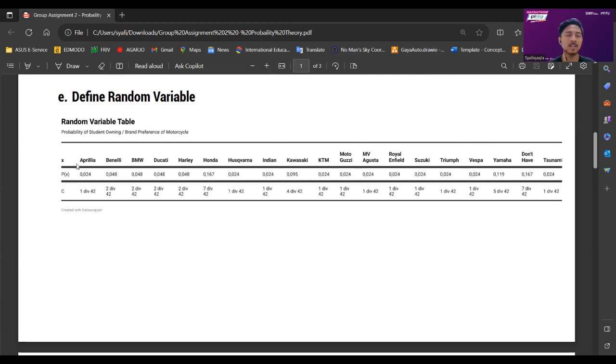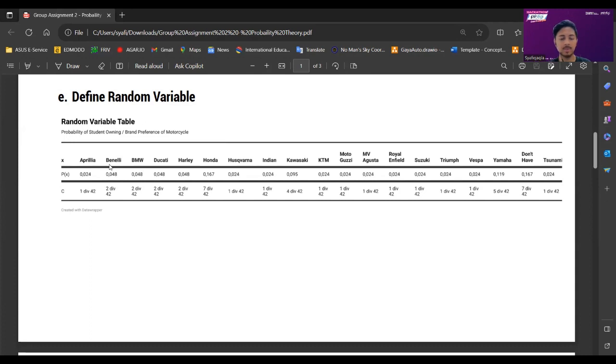For Aprilia, in our survey data, we have one respondent out of 42 respondents. So we divide 1 by 42, which is equal to 0.024. And then for Benelli, there are 2 respondents out of 42, so 2 divided by 42 is equal to 0.048.